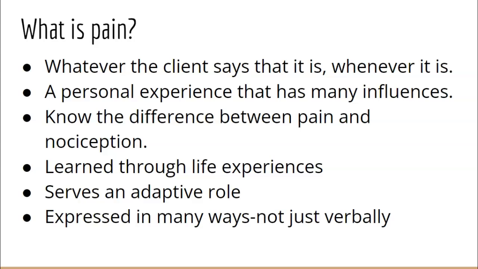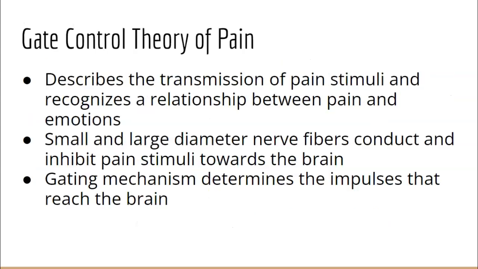And again, pain can be expressed many different ways, including verbally and non-verbally. However, there are also different body language cues that we can see, different things that we can tell if a patient is in pain. You need to know and understand what the gate control theory of pain is.